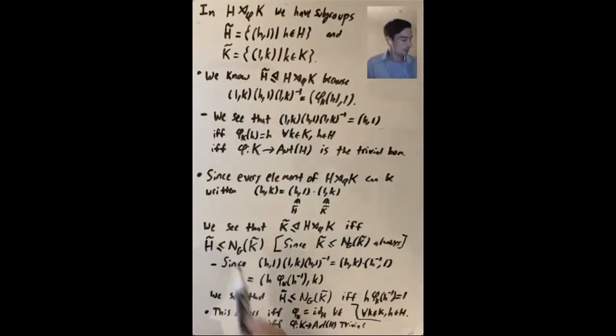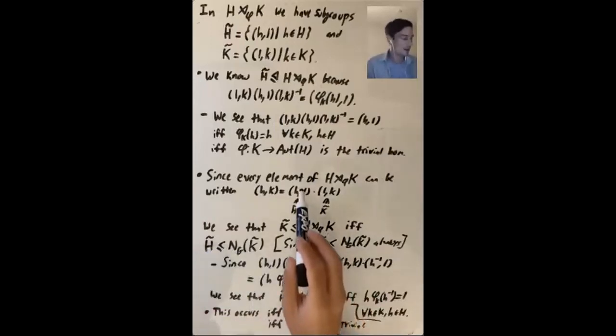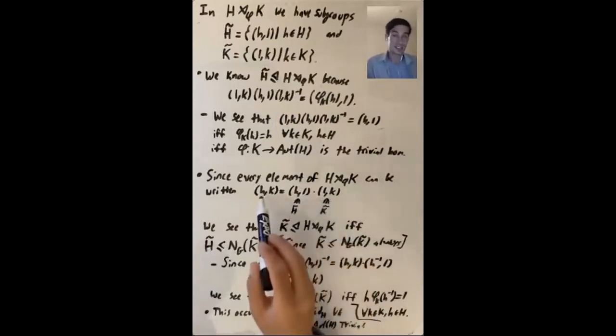So why is that enough? So you know the normalizer is a subgroup, and K tilde is definitely a subgroup of its own normalizer. So if H tilde is also a subgroup of the normalizer, then everything in H tilde is in the normalizer, everything in K tilde is in the normalizer. So you take the product of something in H tilde and something in K tilde, and you're still in the normalizer. But that's the whole group.